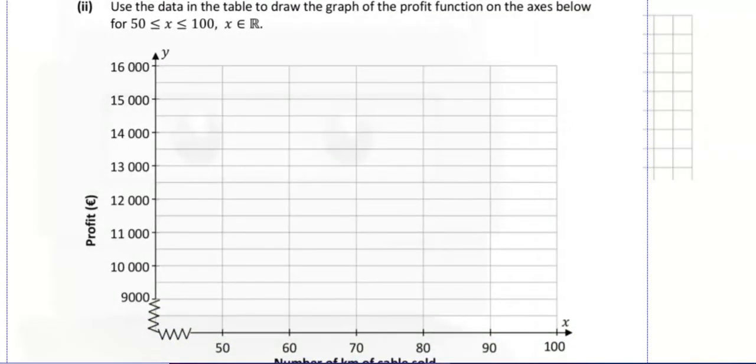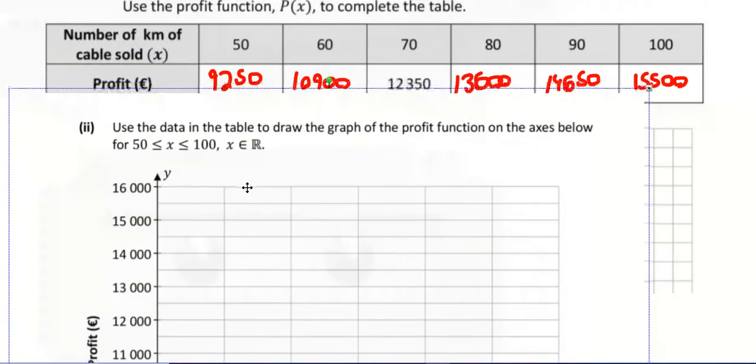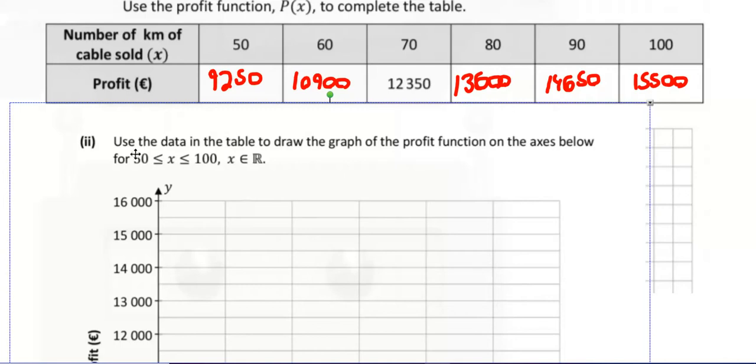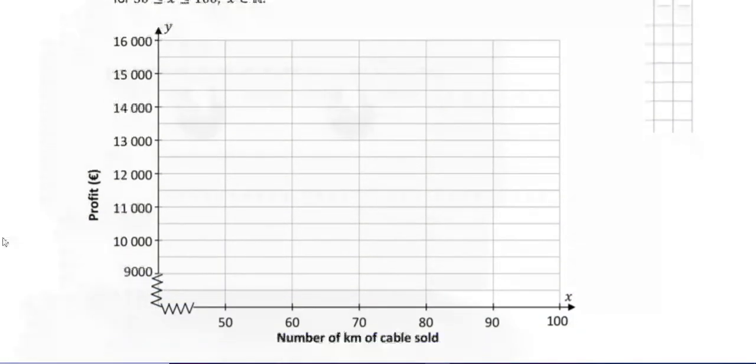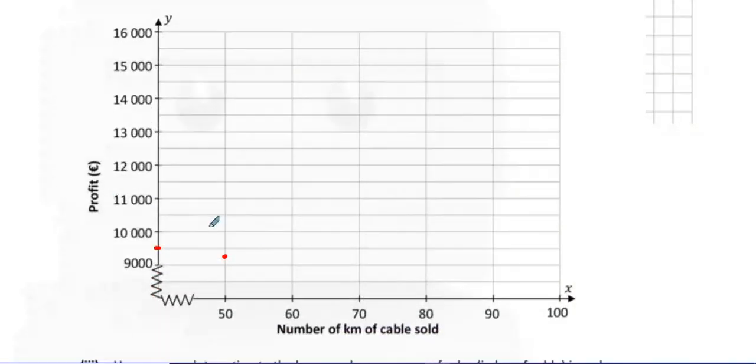Okay, there we go. So let's begin. So 50 is 9,250. So this is 9,500, and halfway between 9,500 and 9,000 is 9,250. So that'll be the first red dot. Next one is 10,900, which will be just below 11,000.